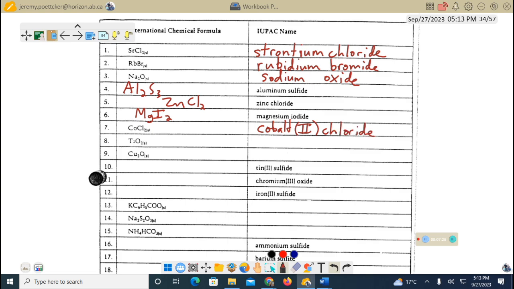And it's a Roman numeral 2 because cobalt could have a 3+ charge as well. We've got titanium Roman numeral 4 oxide. Here we have copper Roman numeral 1 oxide.